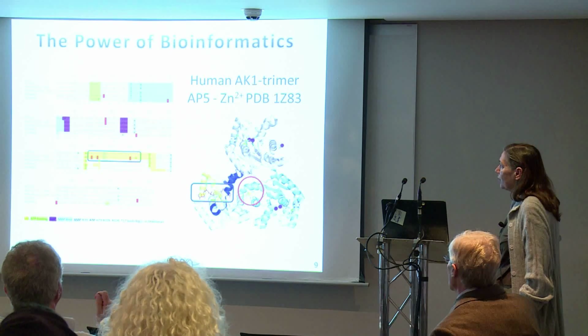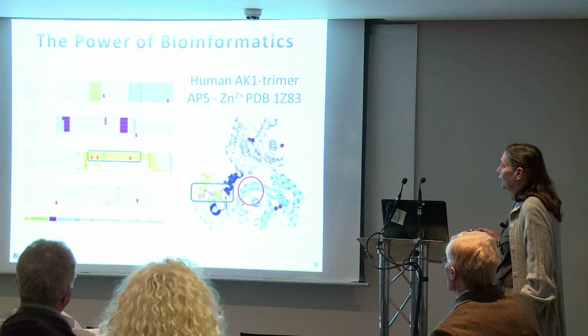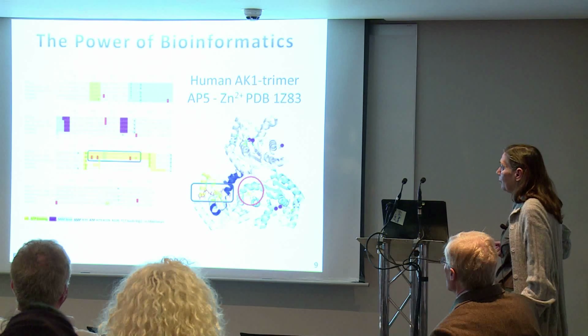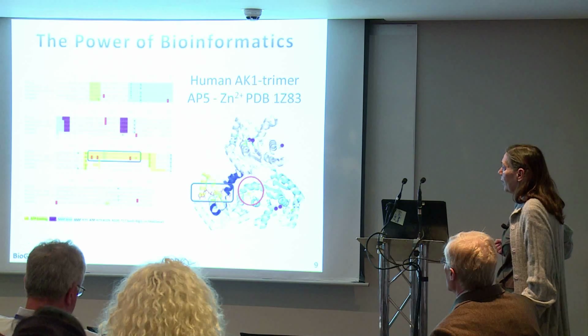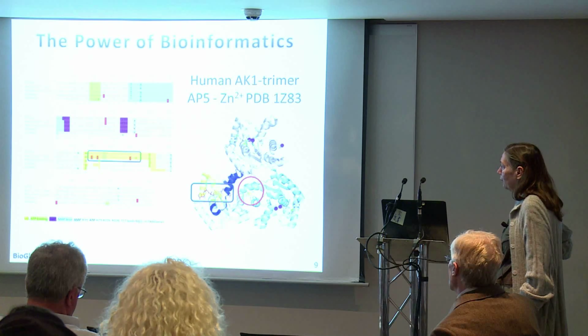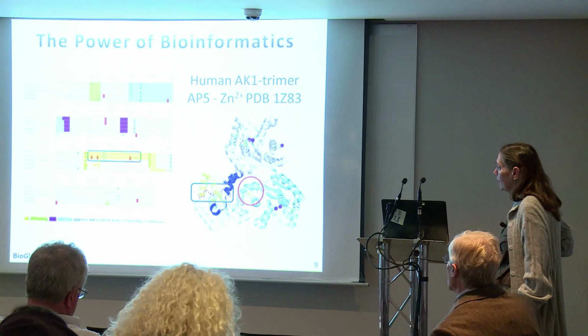So, the power of bioinformatics to align sequences: let's say here they aligned sequences of several family members of the enzyme. We mapped their substrate binding domains. In this part is the extension with the zinc finger.